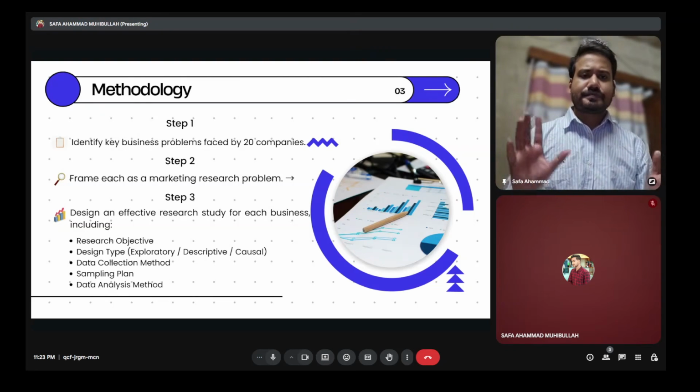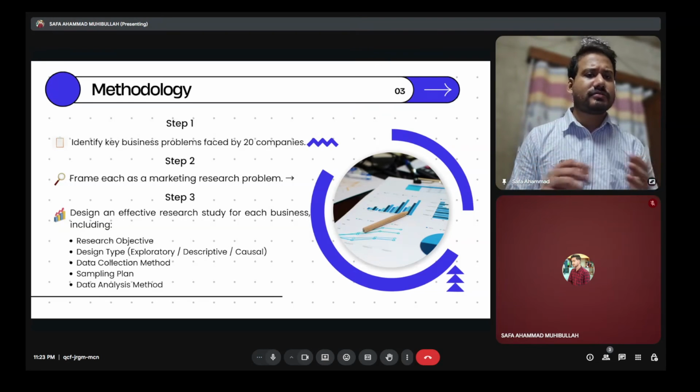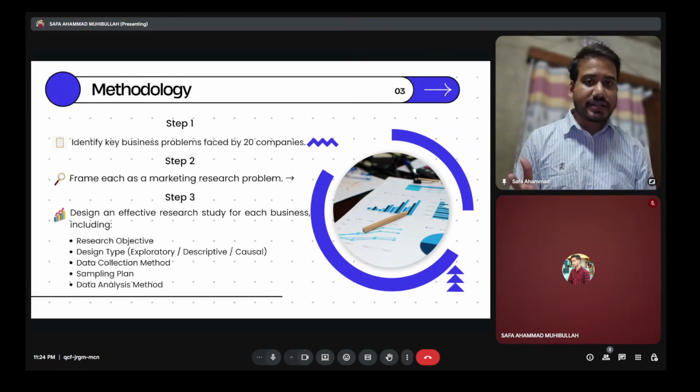So step 2 was to turn every problem into a marketing research problem. For example, instead of saying sales have dropped, we can say what factors are causing low sales. So step 3 was to design 20 marketing research studies.